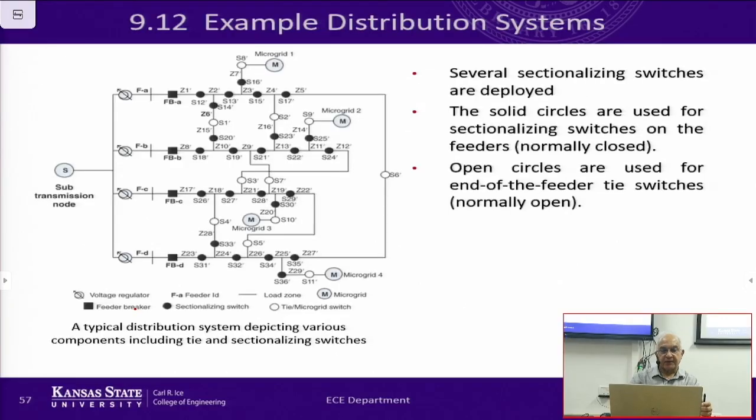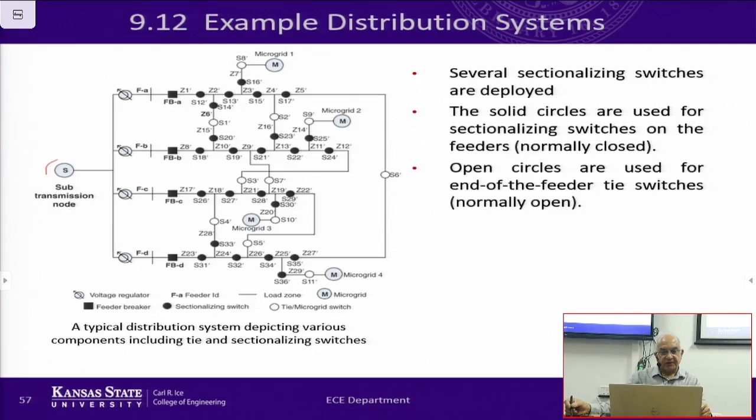Here is an example of a distribution system where you have the substation right here, and then you have four feeders. There's a bus right here, and the four feeders coming out of it. These are voltage regulators to regulate the feeder voltages.